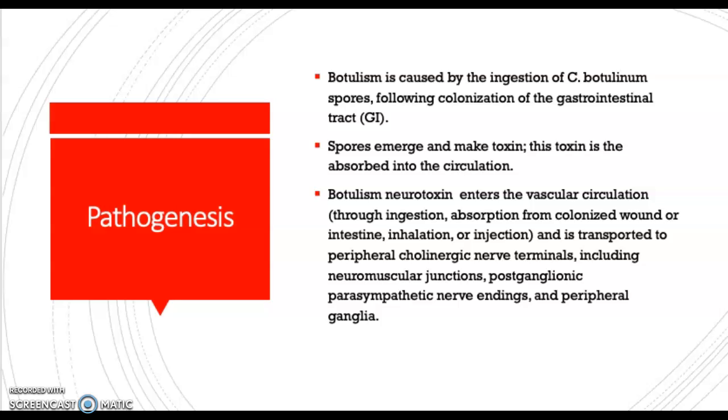Botulism neurotoxins enter the vascular circulation through ingestion, absorption from a colonized wound or intestine, inhalation, or injection, as we mentioned in the previous slide, and are transported to the peripheral cholinergic nerve terminals, including neuromuscular junctions, postganglionic parasympathetic nerve endings, and peripheral ganglia.